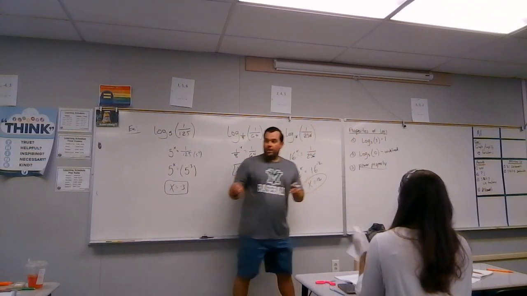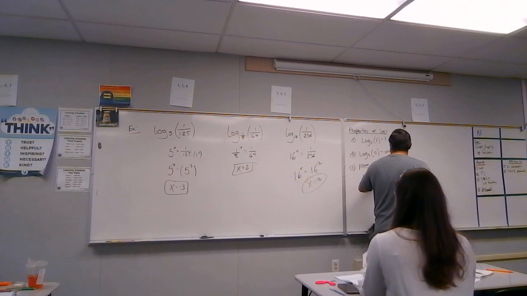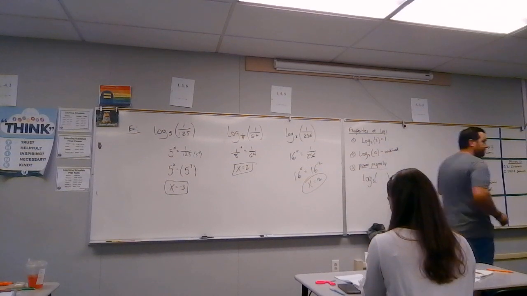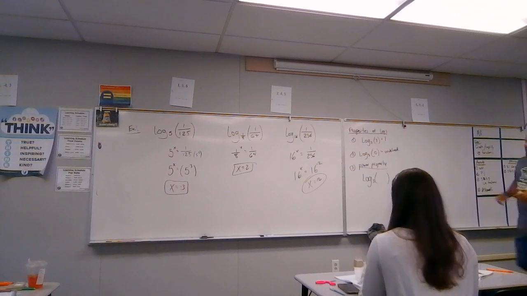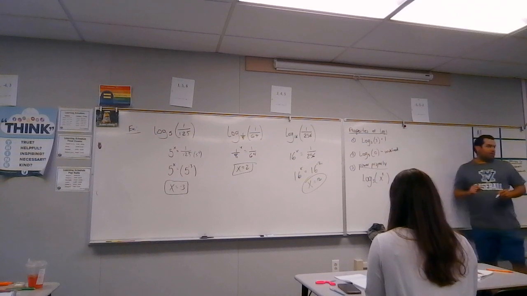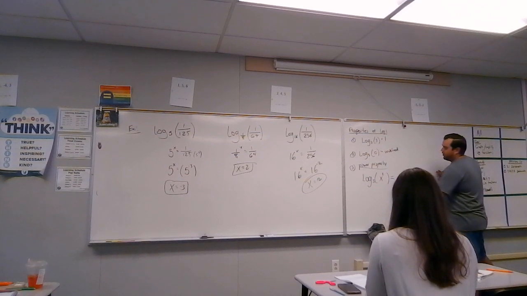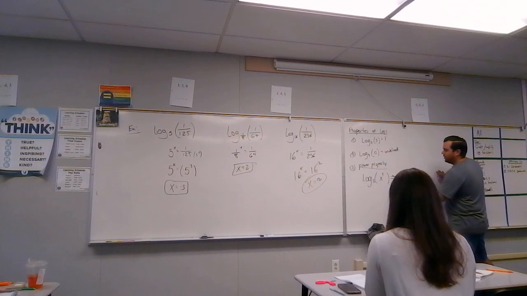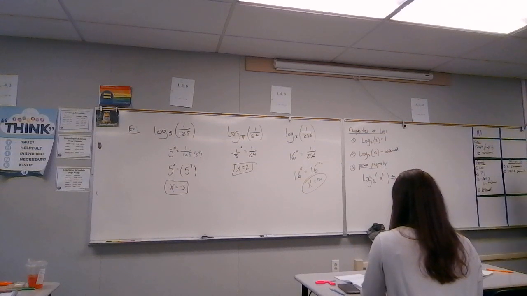And basically all it says is, if you have a log function, base 3, 5, 7, 9, 100, if you have something inside that has an exponent, you put it into the front. 2 log base 3 of x. And then what do you do?